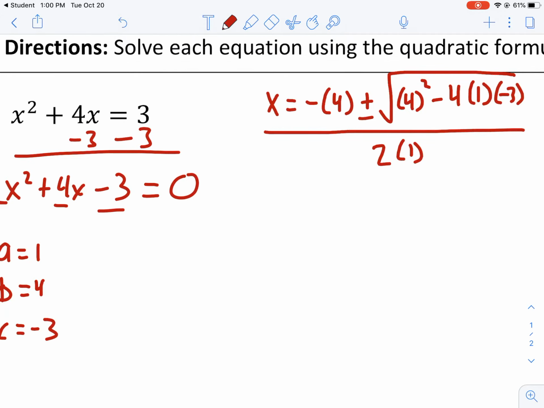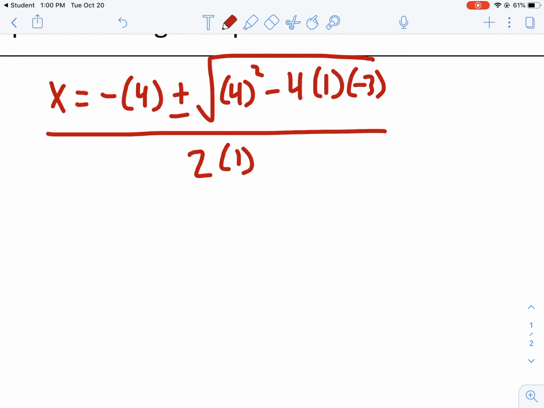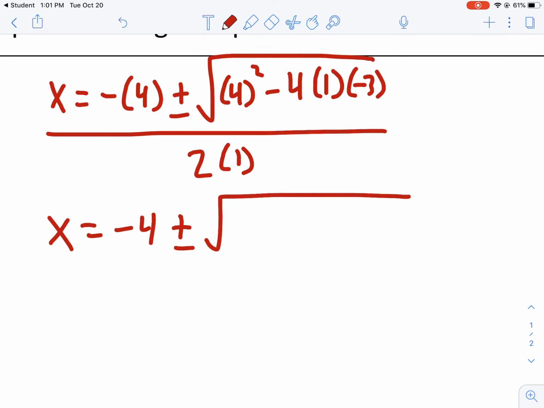So we plug it all in, and now it's just a simplifying problem. We go through and simplify just like we did above. The -4 just becomes -4. We've got 4 squared, that becomes 16. Then we've got our -4ac part, and this is all multiplication.